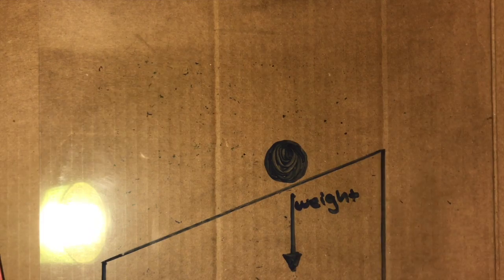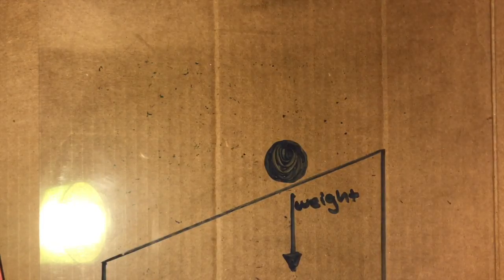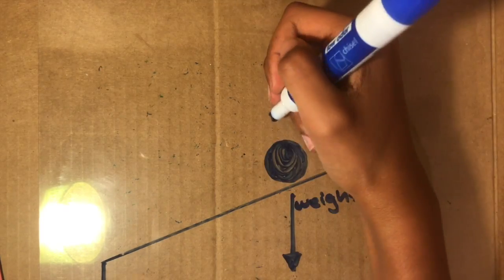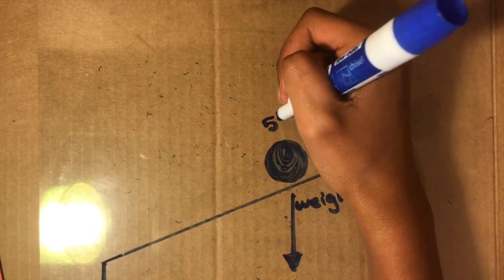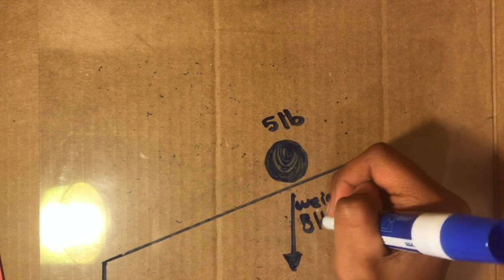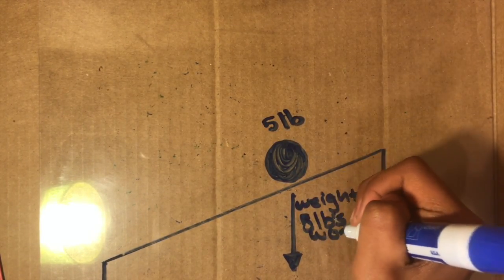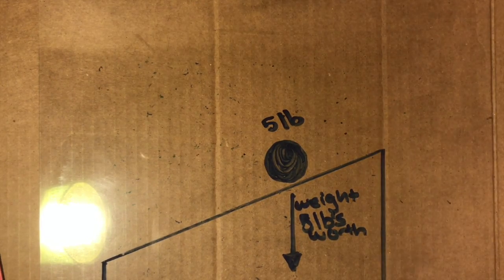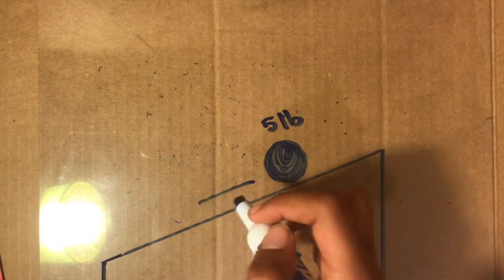But yeah, so we just have this one force of weight that is pulling it down. If we say this is a 5-pound ball, maybe it's a really heavy ball, then it's pulling it down 5 pounds worth. Whatever that means. But how much is it actually getting pulled down this way?